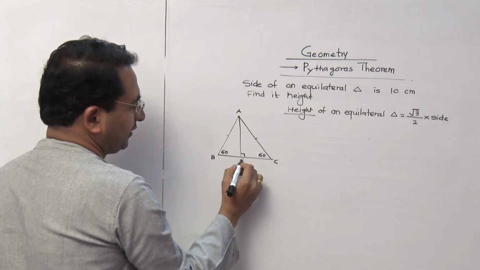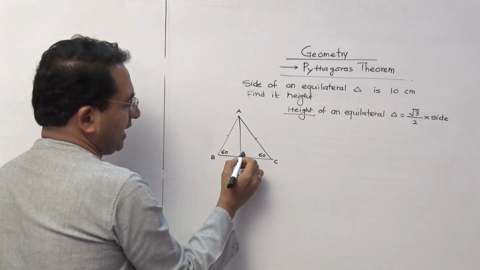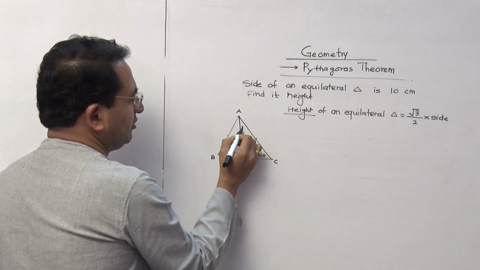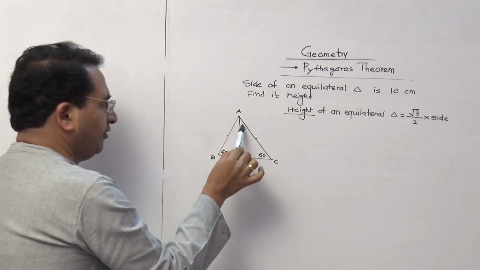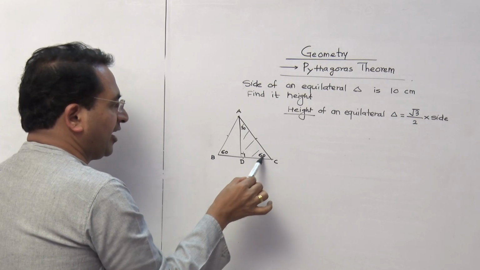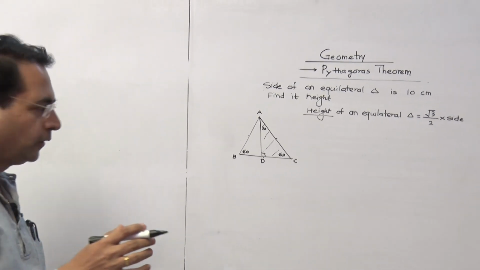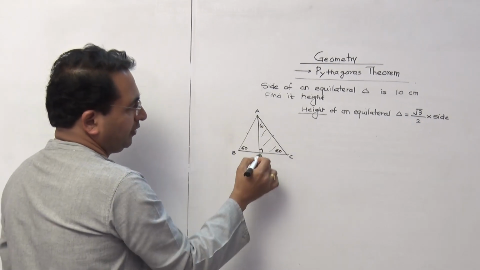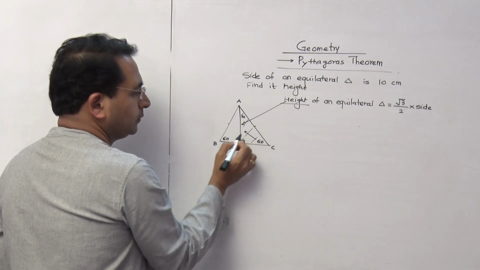So this is the height of that. Now when you draw this height, this angle is becoming 90, this is 60, so automatically this is 30 degrees.